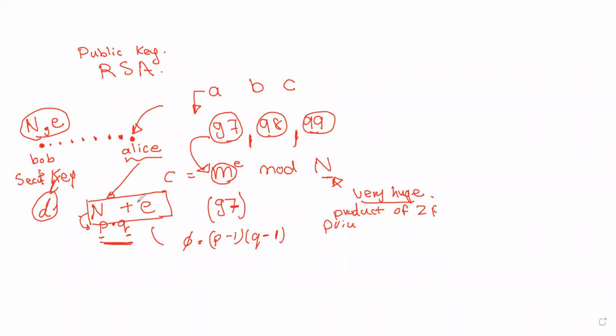How do we determine the E? Because that's a question we haven't answered yet. Well, E is called the multiplicative inverse of something.